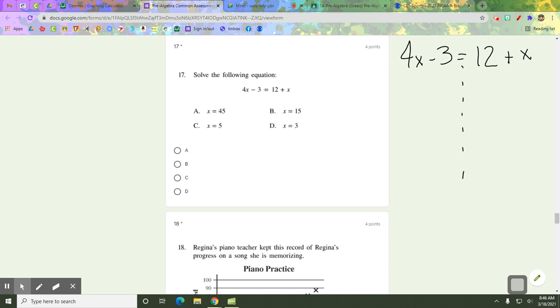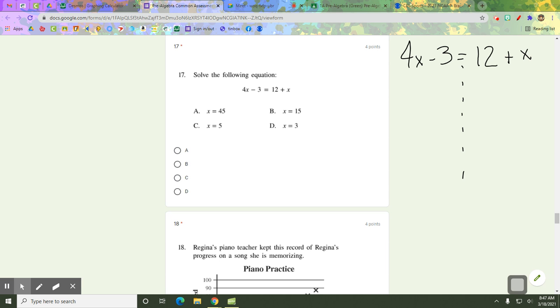You subtract 12. Positives and negatives are what? Opposites. Anytime you cross this line, you have to be opposite. It don't matter what I move. If I do the opposite, I can move it from side to side.